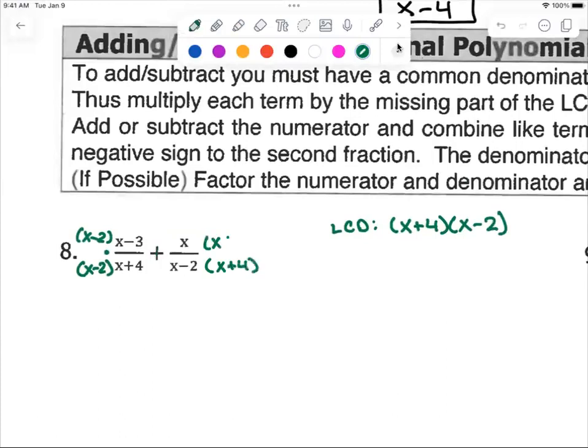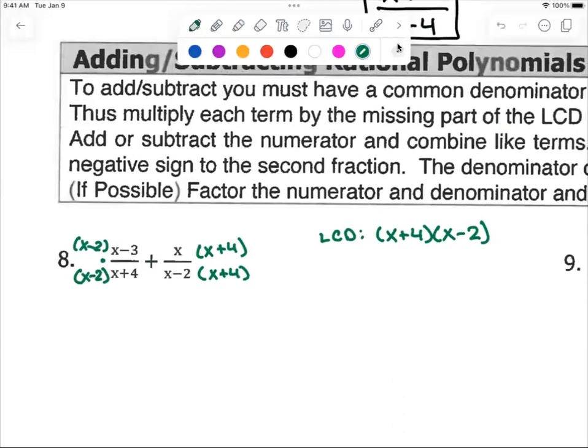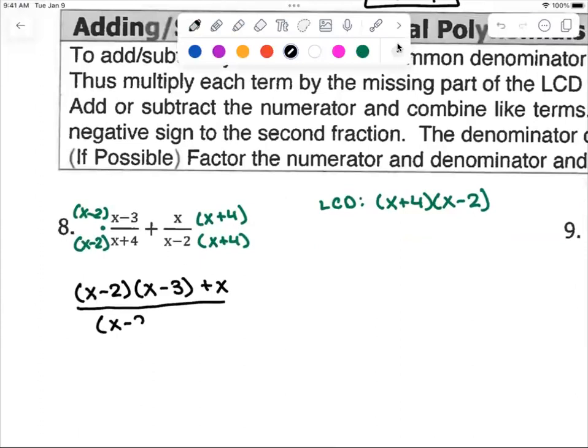So I'm going to multiply that to the top and bottom, which is okay to do. Now the numerator becomes x minus 2 times x minus 3 plus x. The denominator is simply x minus 2 times x plus 4.